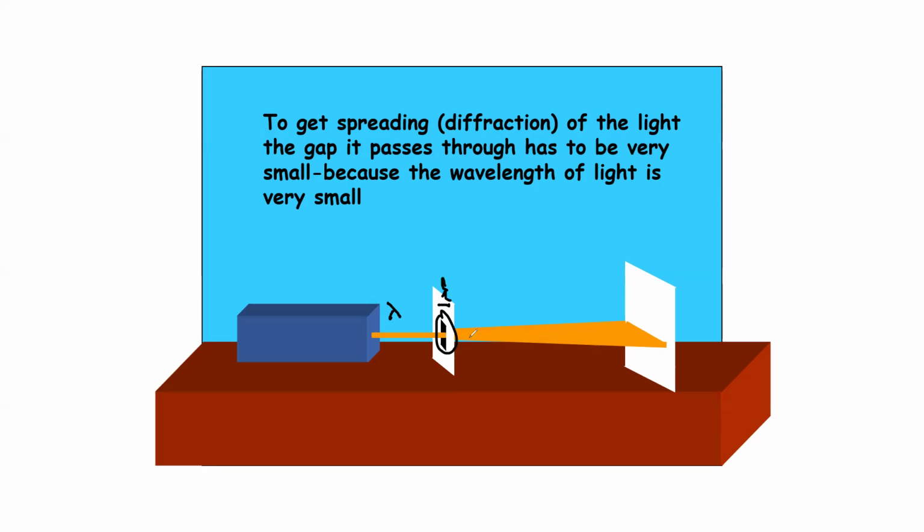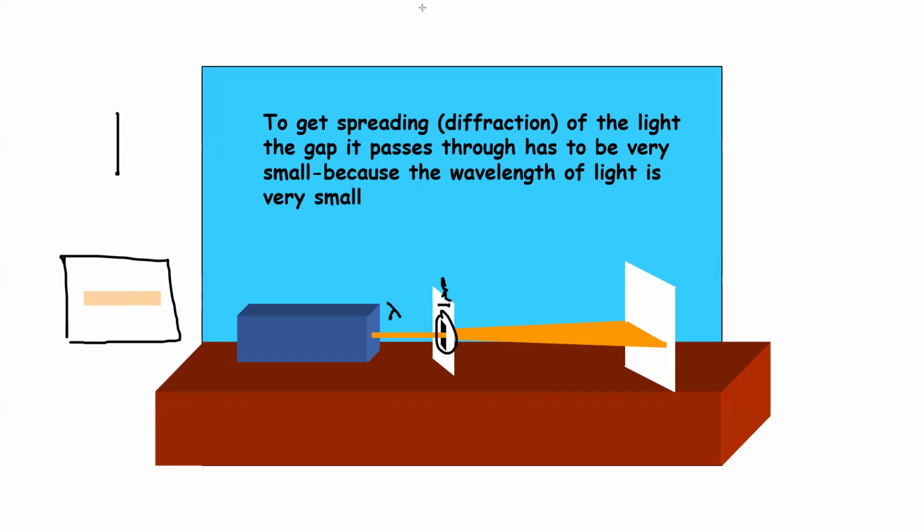But this spreading depends on the slit. For example, if the slit is vertical on the screen, how will we observe the pattern? We will observe a diffraction pattern spreading in the horizontal plane, like this.